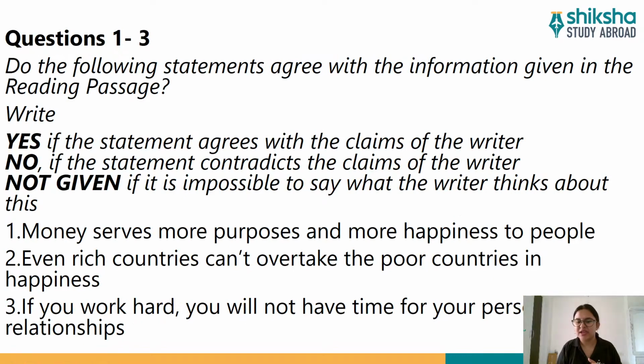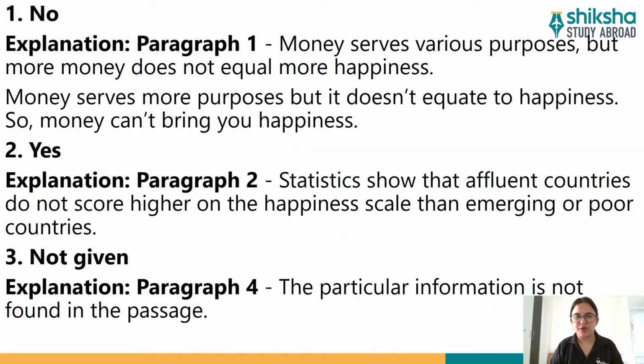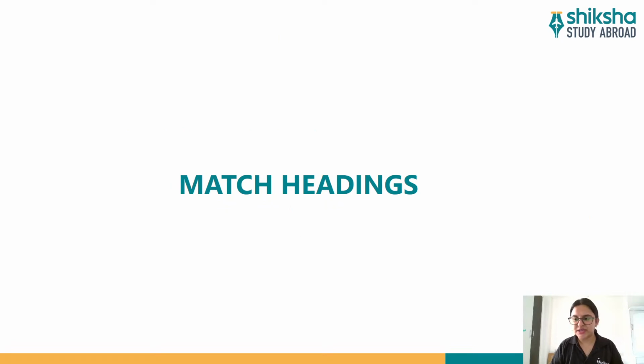So, as I said, either nothing will be given to you, then definitely the answer is not given. And even if something is given to you which is not understandable or which is not related to any point in the question, that also makes the answer not given. Please do not confuse it with false and no. All right, with this we cover the yes, no, not given questions as well.